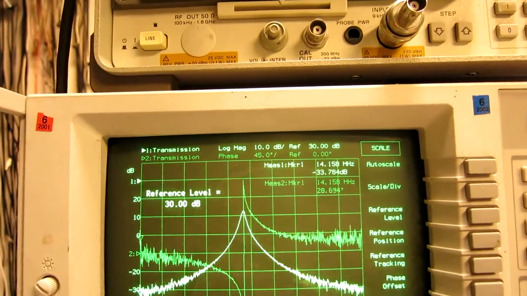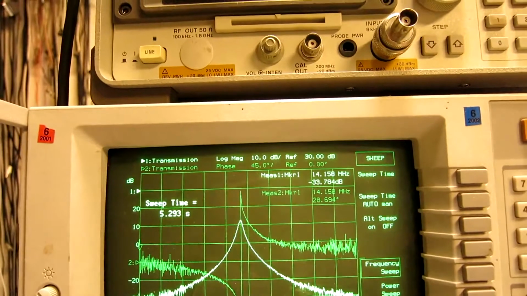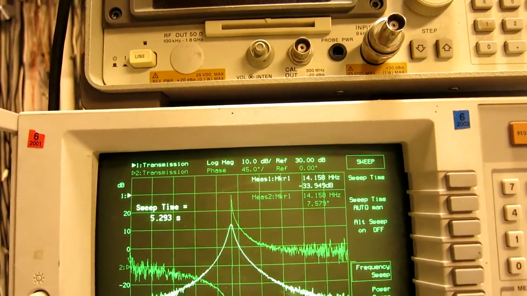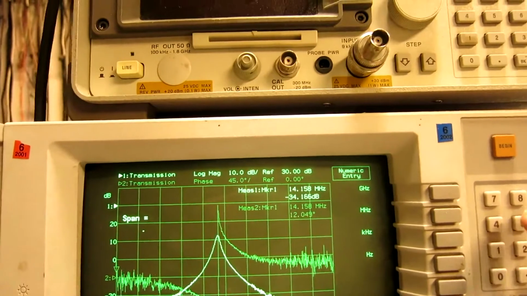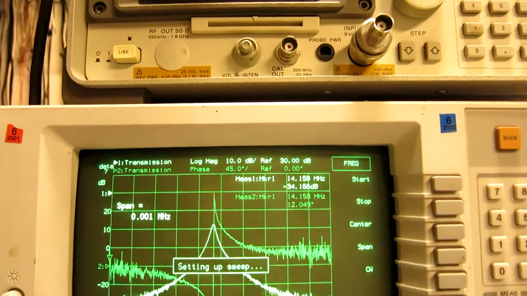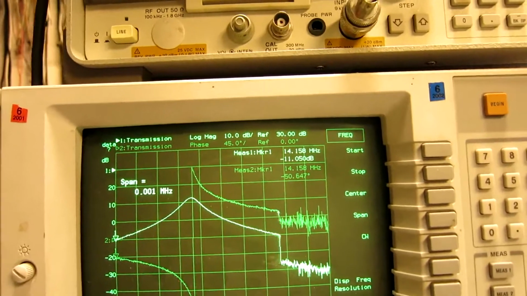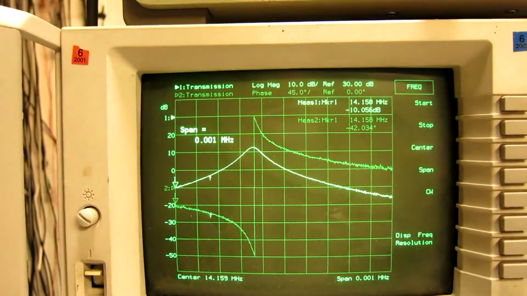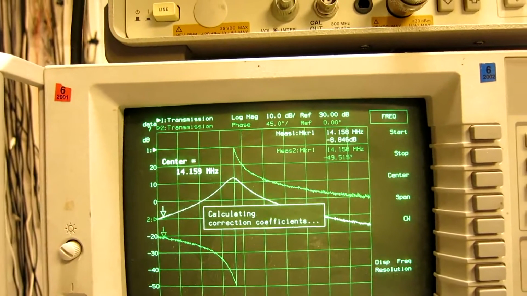Maybe best is to just change the sweep width. Frequency, span, 0.5 kilohertz. And the center should be maybe here.